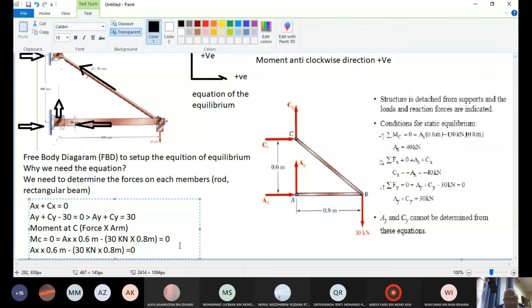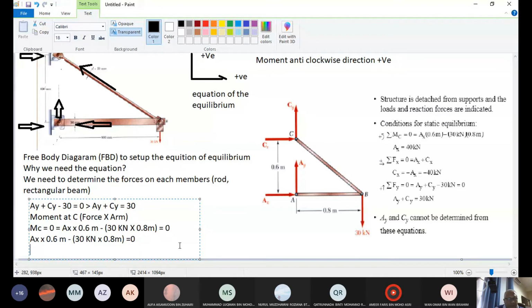You solve it, you get Ax times 0.6 meter equal 30 kilonewton, which is 30 times 1000, so 30,000 Newton, times 0.8 meter.